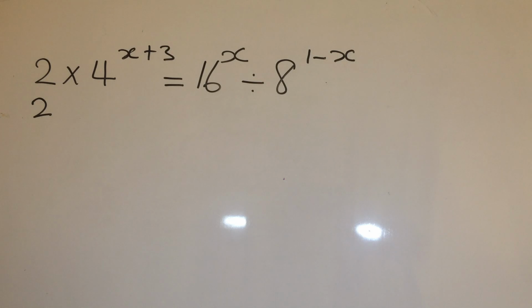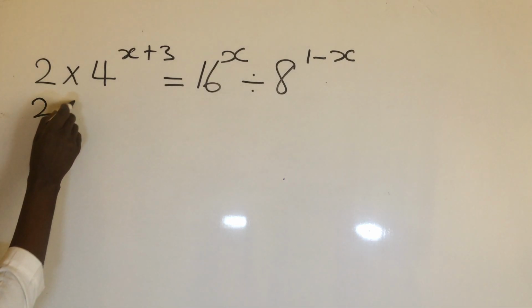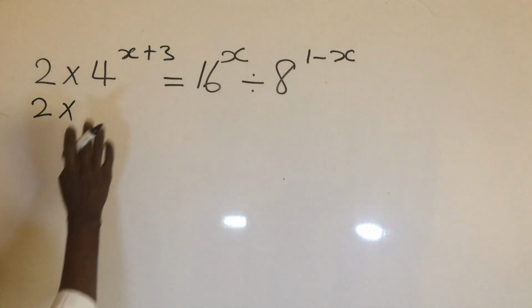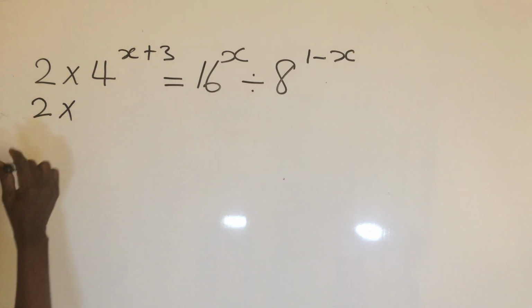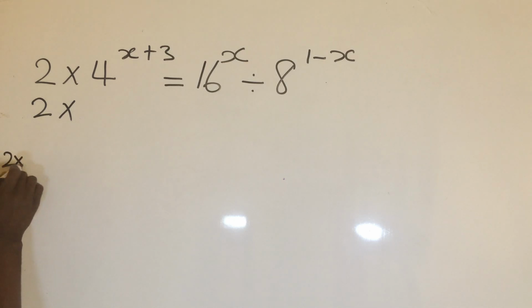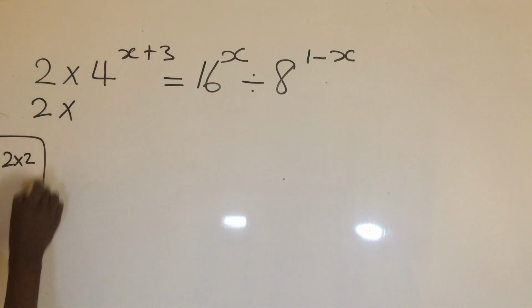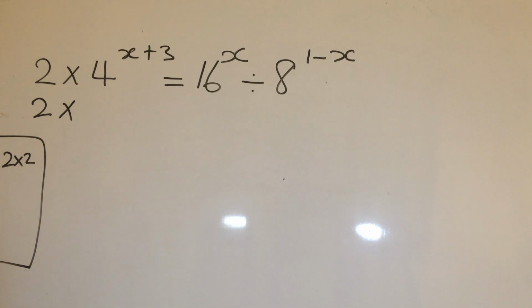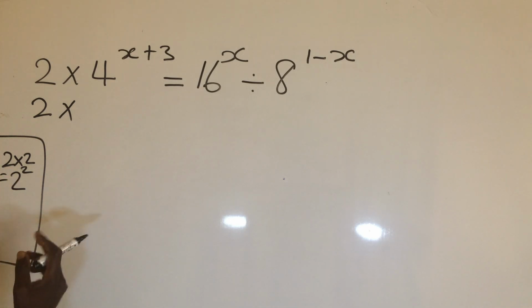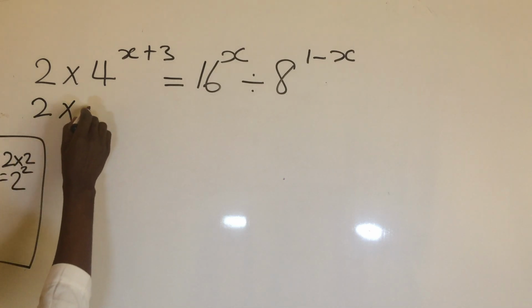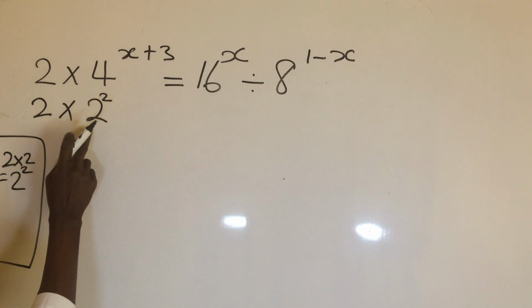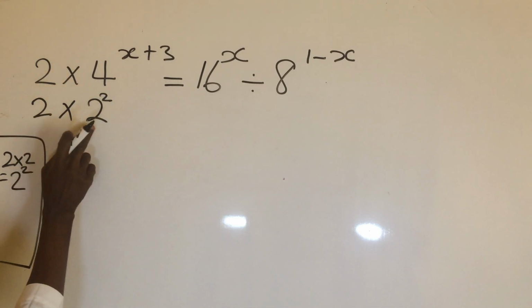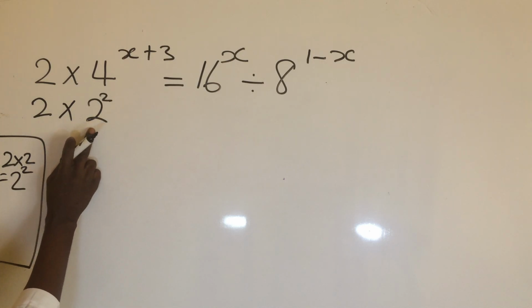So we will change everything to base 2 to enable us to continue our solving at ease. 4 means 2 times 2, and 2 times 2 is 2 raised to power 2. We still have 4 here in another form.